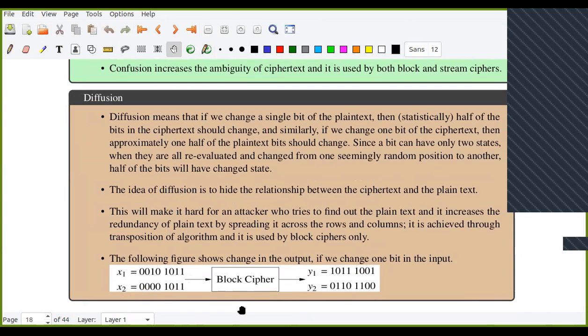Don't read anything. Just look at x1 and x2. What is the difference? Do you see any difference in x1 and x2? Difference of 1 bit. 1 bit difference is there, correct.